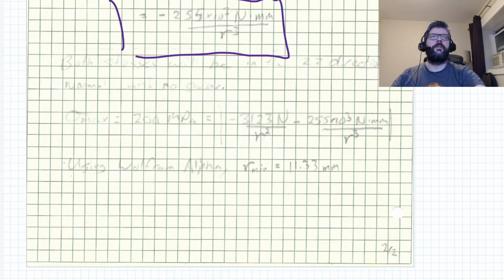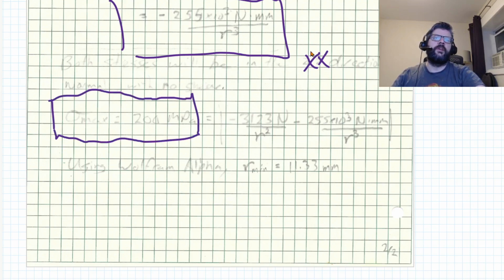Both of those stresses are acting in the x direction. Normal stresses, no shear. As a result, we can just add them together. The maximum stress that we were told is 200 megapascals, where we're expecting yielding.